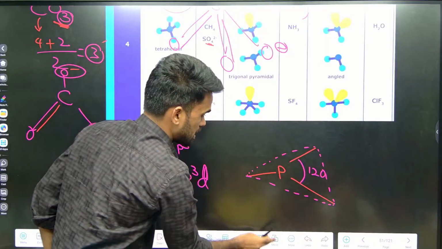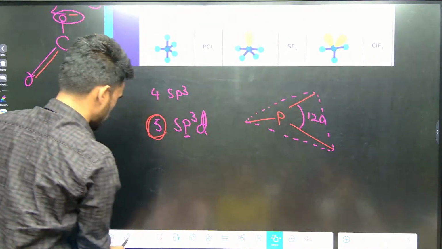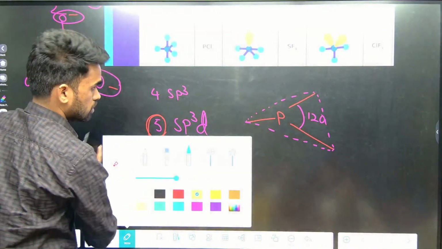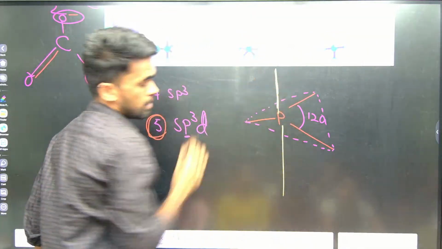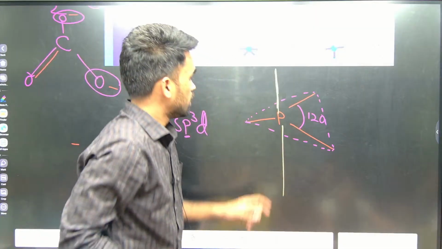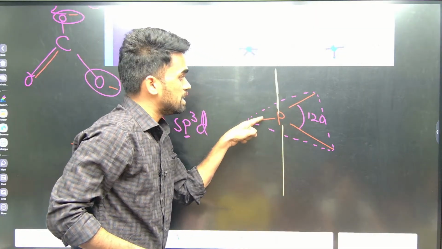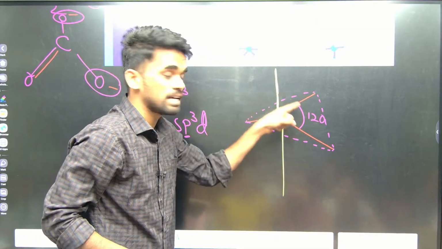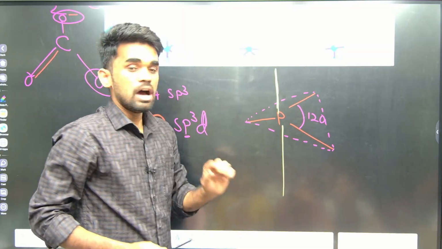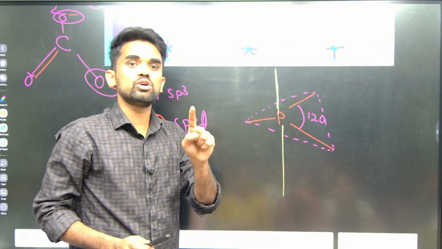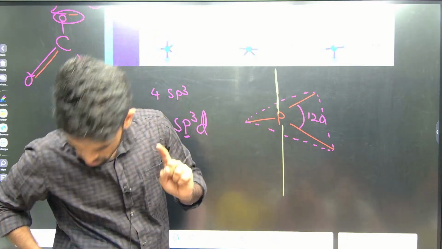Now let us change the color of the lines so that it is more clear. So now see between these red color lines, not pink, red color lines, what is the angle? 120. Those red color lines are called equatorial bonds.